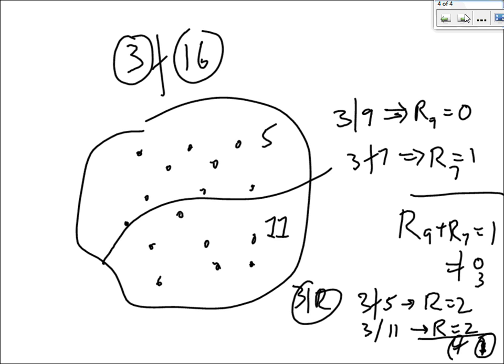Here the sum of the remainders was even more than 3, and that's because 3 didn't divide the numbers. The sum of the remainders is 4. It's actually more than 3.